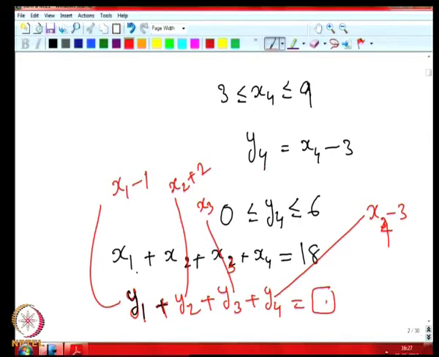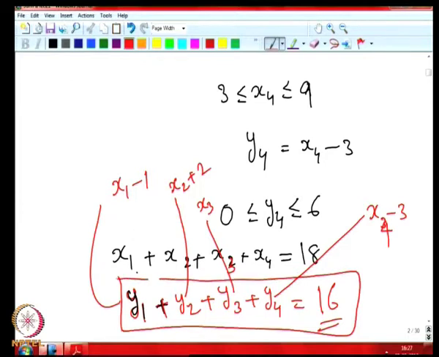We did not change x3, so y3 is the same. So how will it change when we add this? Since x1, x2, x3, x4 add to 18, x1 minus 1, x2 plus 2, x3 and x4 minus 3 will add up to 18 minus 1 is 17, plus 2 is 19, and minus 3 makes it 16. This is the corresponding equation.